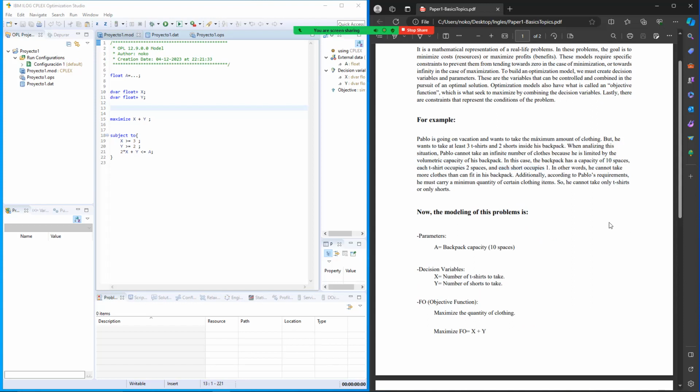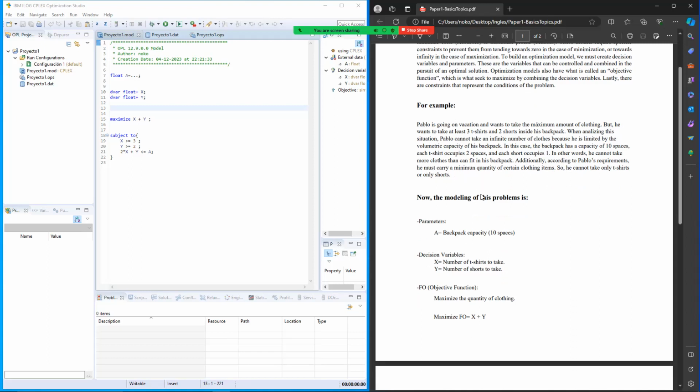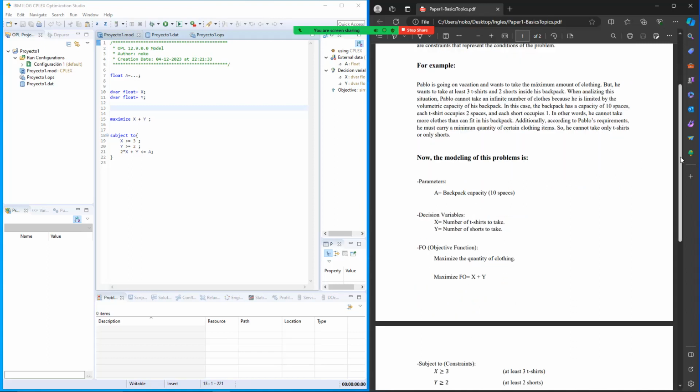In other words, he cannot take more clothes than can fit in his backpack. Additionally, according to Pablo's requirement, he must carry a minimum quantity of certain clothing items, so he cannot take only t-shirts or only shorts. Okay, this is the model.